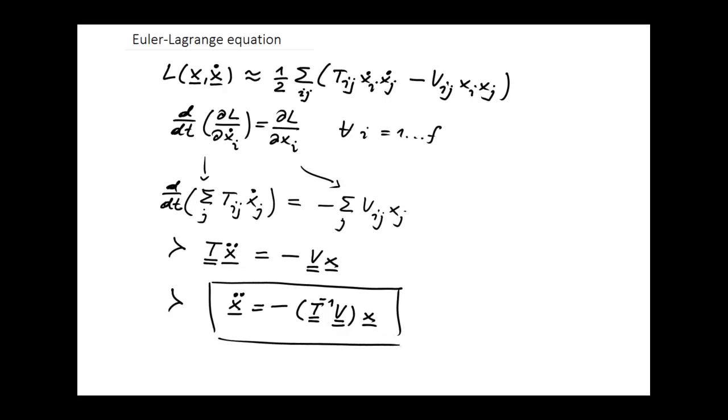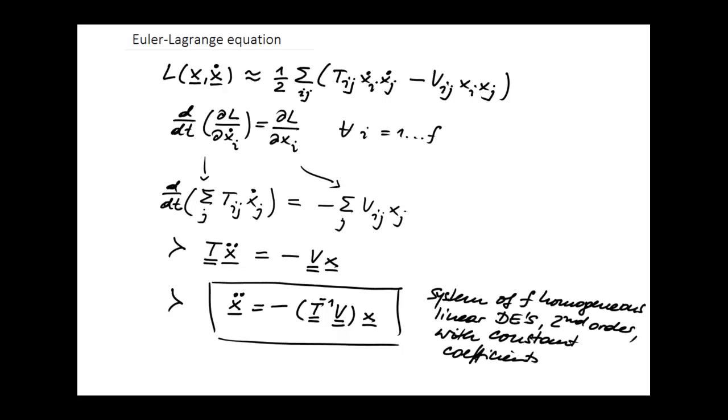So if you write it in components, this is a system of f homogeneous linear differential equations of second order with constant coefficients. And of course, the objective now must be to find solutions to this equation of motion.